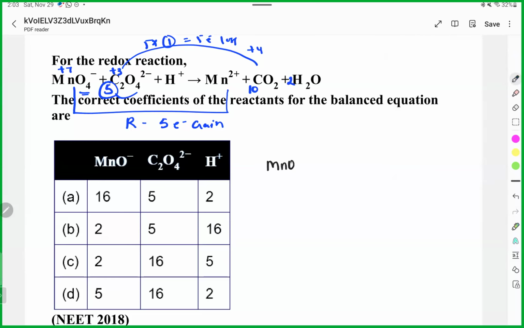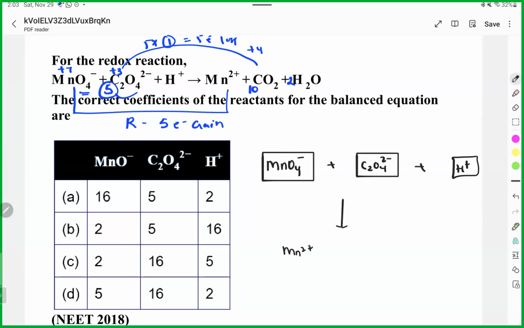Whatever options you have, you can try. C2O4 2 negative and hydrogen positive will give rise to manganese 2 positive, CO2 and water.